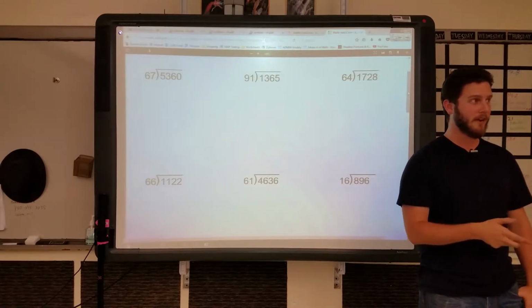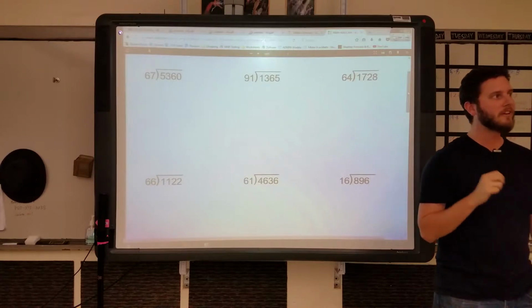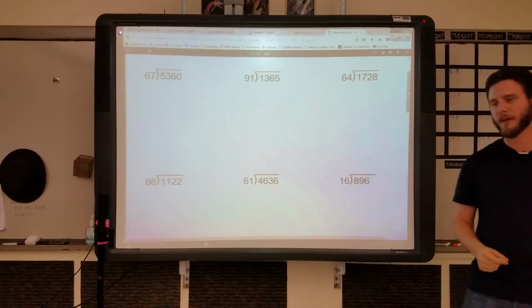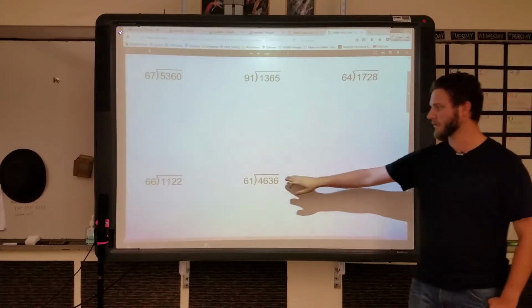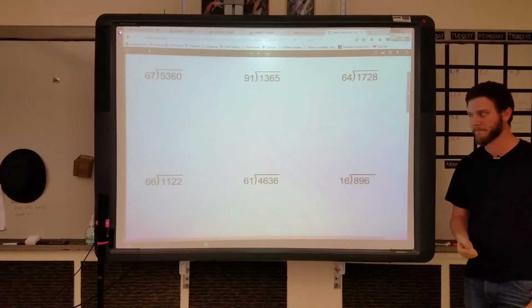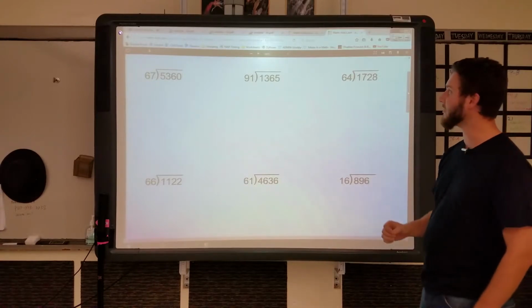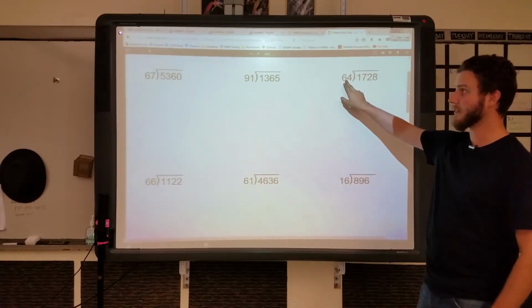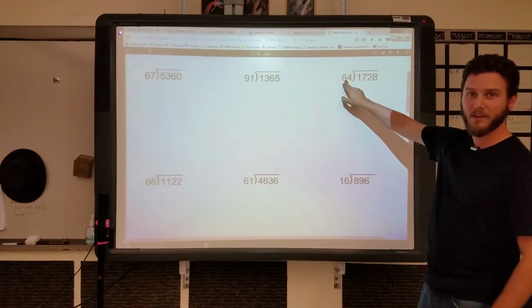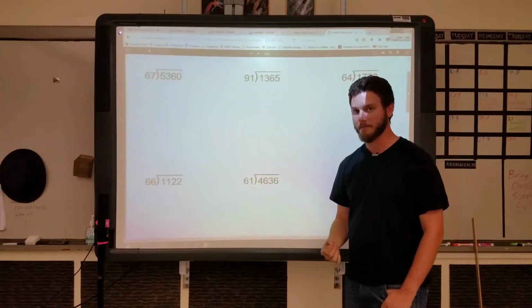And the objective reads that students will be able to fluently divide multi-digit numbers using the standard algorithm. Long division, written in this form, is considered the standard algorithm. So you will be expected to divide multi-digit numbers. This is a multi-digit number. A single-digit number would be an example of the problems we have already done.